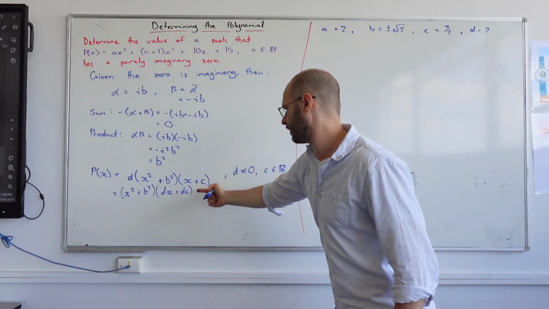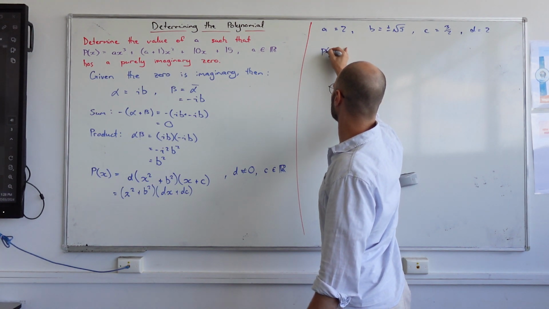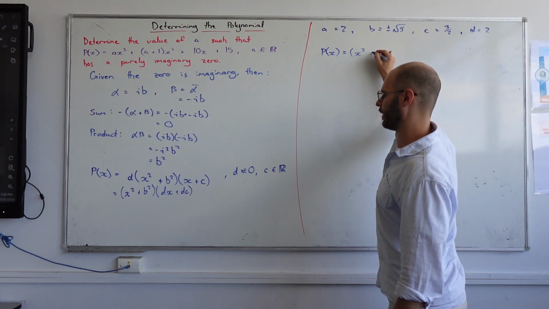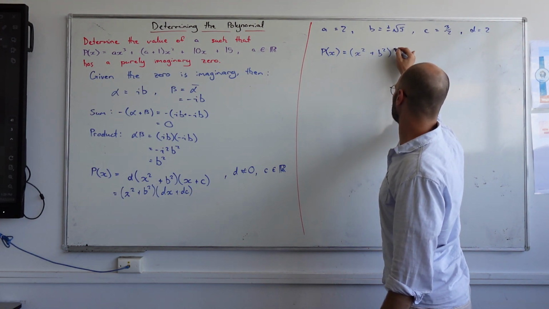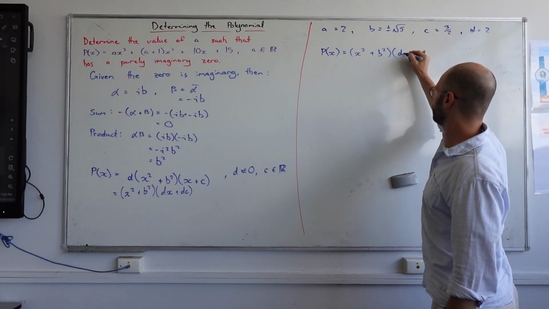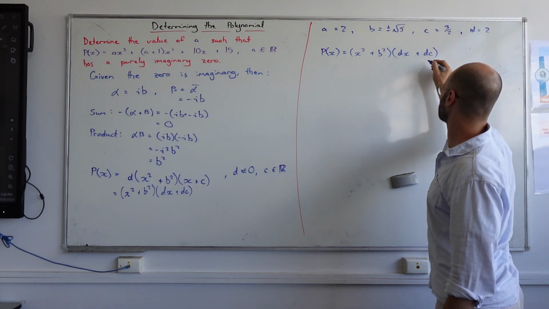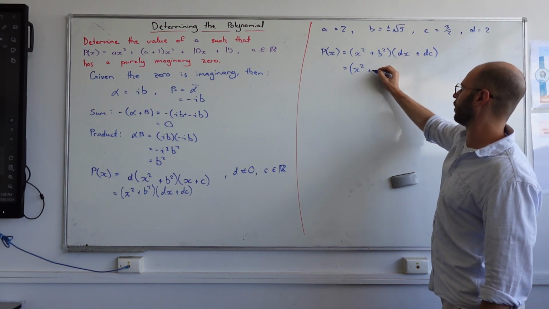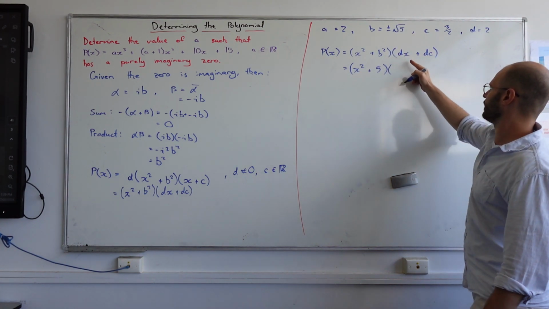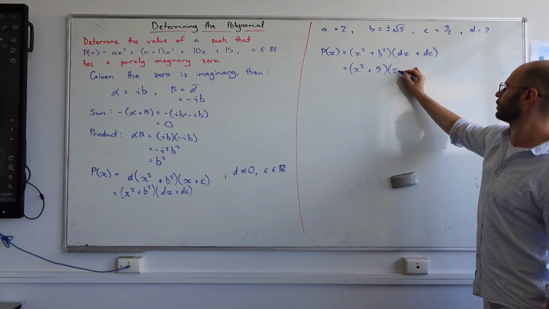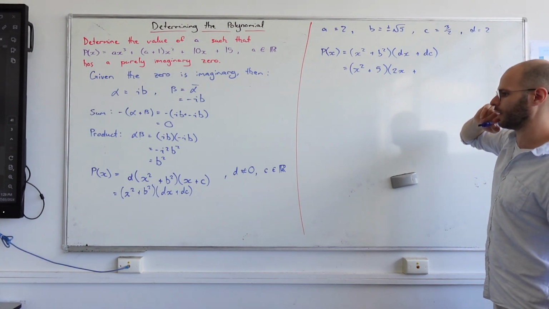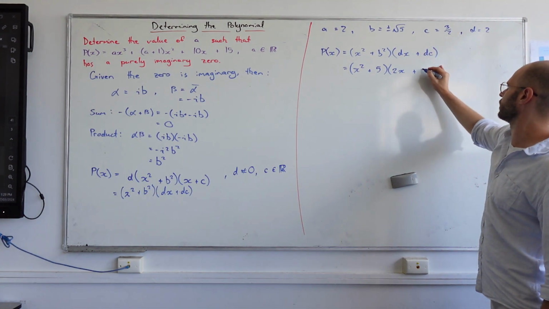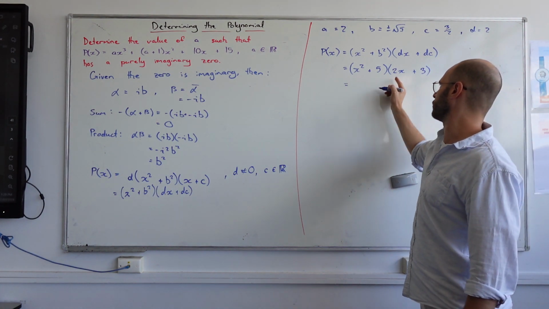Then what we deduce is that p of x was equal to x squared plus b squared, times dx plus dc. B squared is just 5, d is 2, plus, and then we're going to have dc, so 2 times, let's just pull out the 2 here.